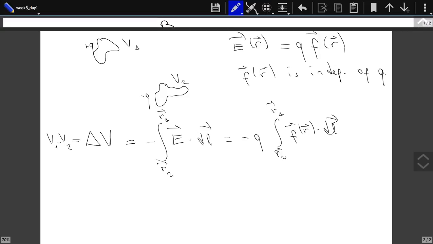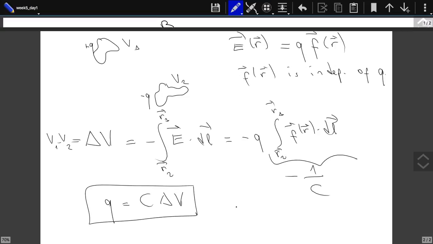And that function is called 1 over C. Let's put the minus sign, minus 1 over C, so that Q is equal to C times delta V. C is called the capacitance.